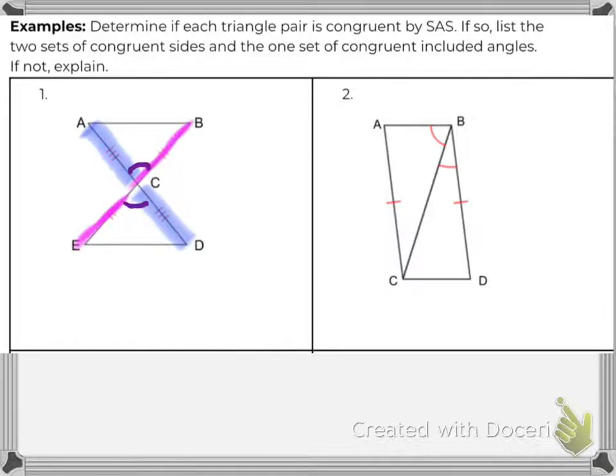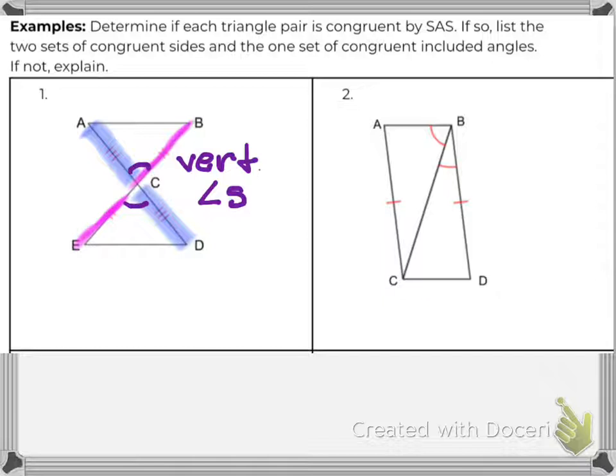I know that these two angles are actually vertical angles, and vertical angles are congruent. So vertical angles. So now again, if I look at my triangles, I've got side, angle, side, congruent to side, angle, side.